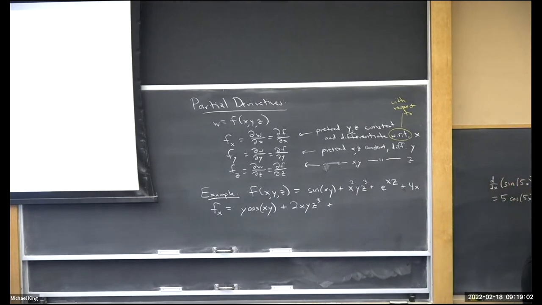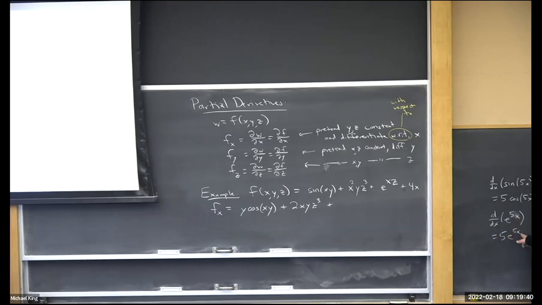E to the xz is kind of similar to sine of xy, right? It's e to constant times x. So, sorry, I had e to the 5x. What do you get? Yeah, if I'm differentiating with respect to x, it's 5e to the 5x, right?